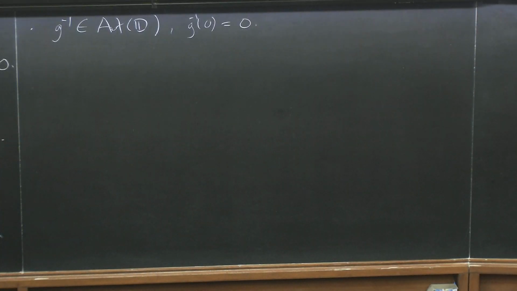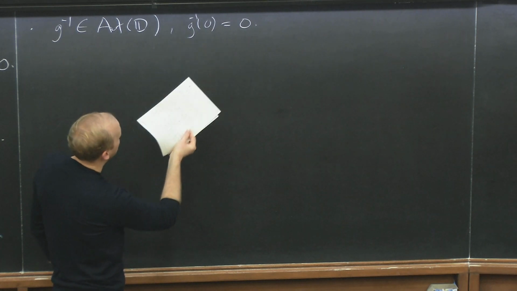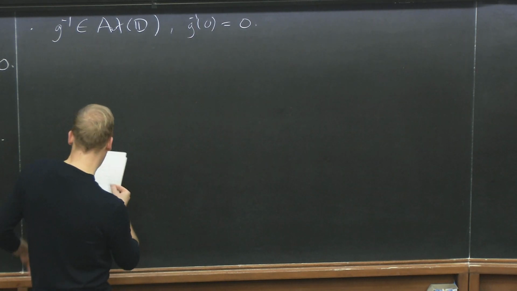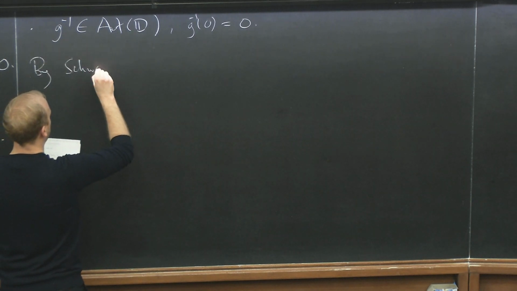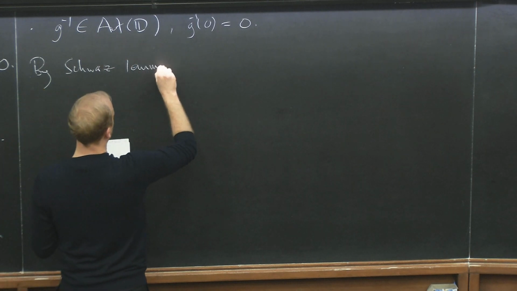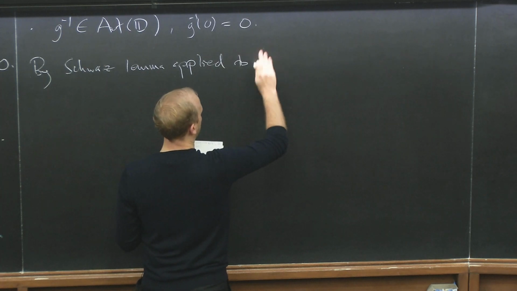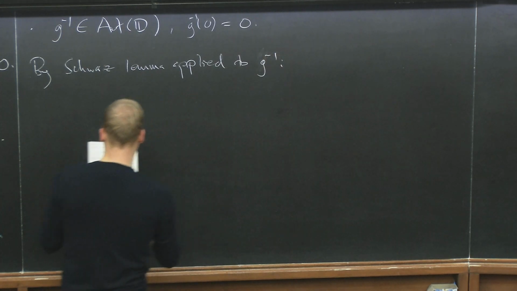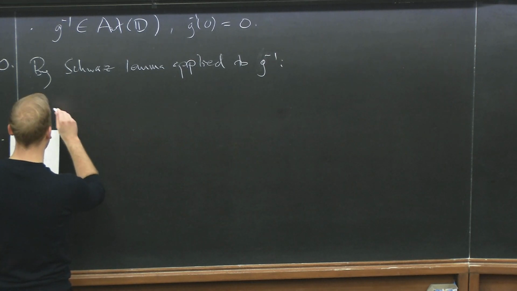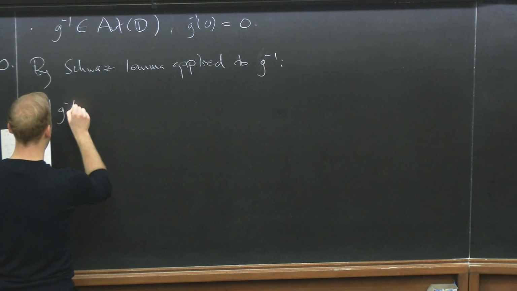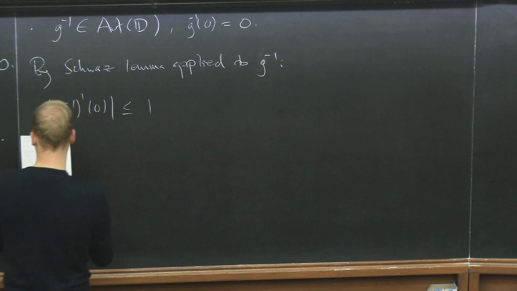So this means that the Schwarz lemma applies not only to G, but actually also to G inverse. So what can we then conclude? We see that the absolute value of G inverse prime of 0 is less than or equal to 1.